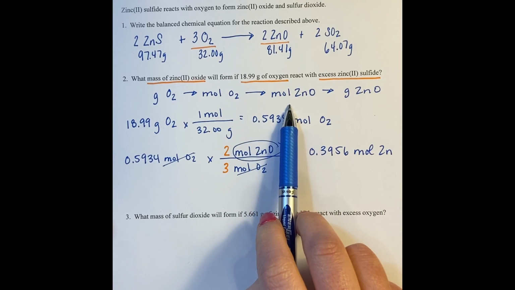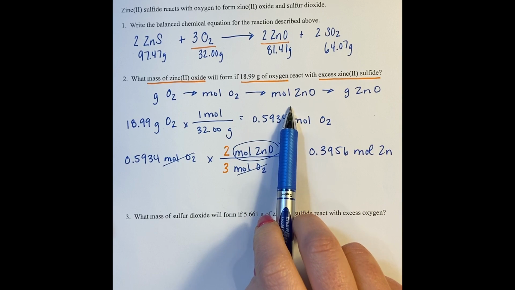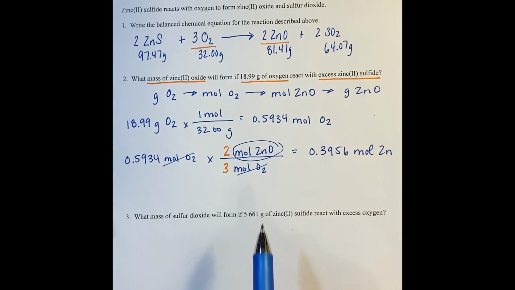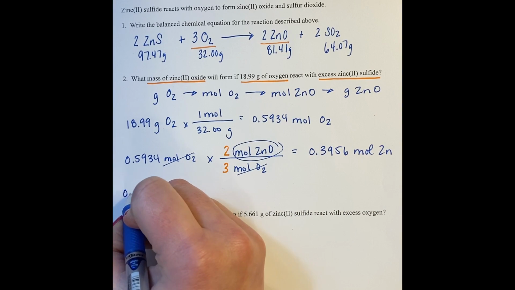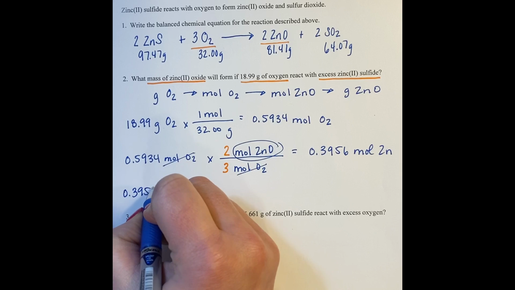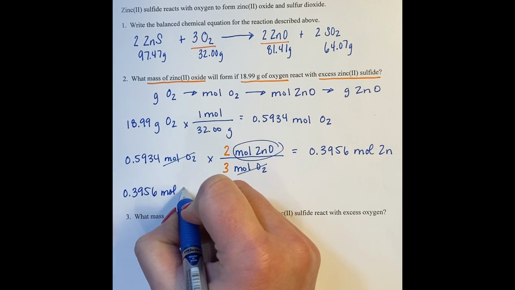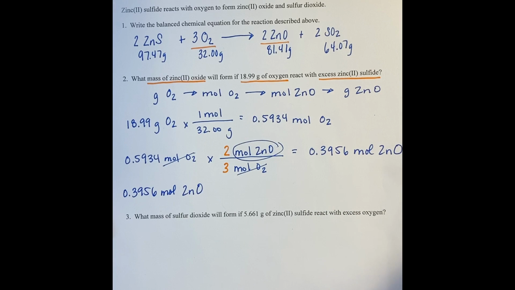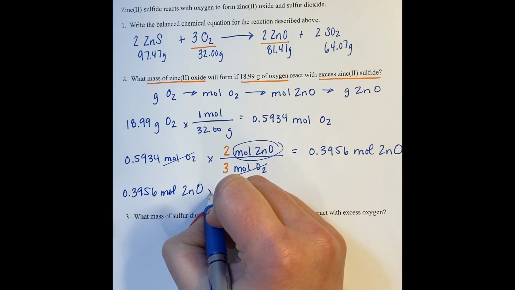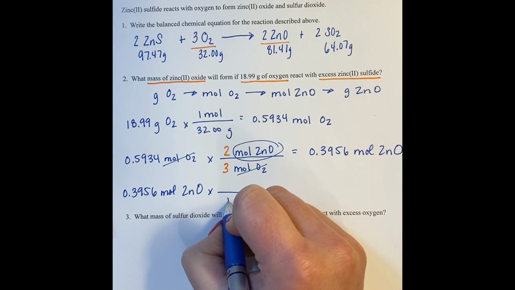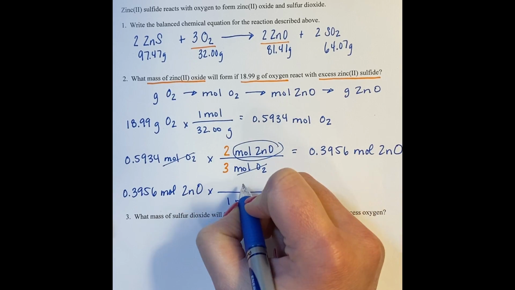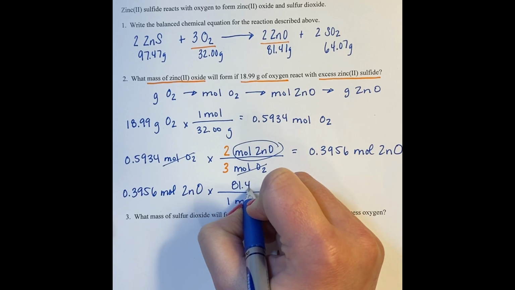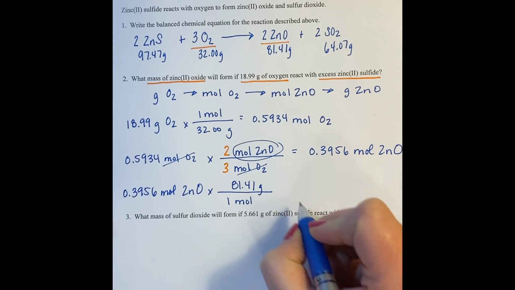That puts me right here in my strategy. The last thing I need to do is convert to grams of zinc oxide. So I'm going to take my 0.3956 moles of zinc oxide. This should be ZnO up there. I need my molar mass: 1 mole of zinc oxide has a mass of 81.41 grams.